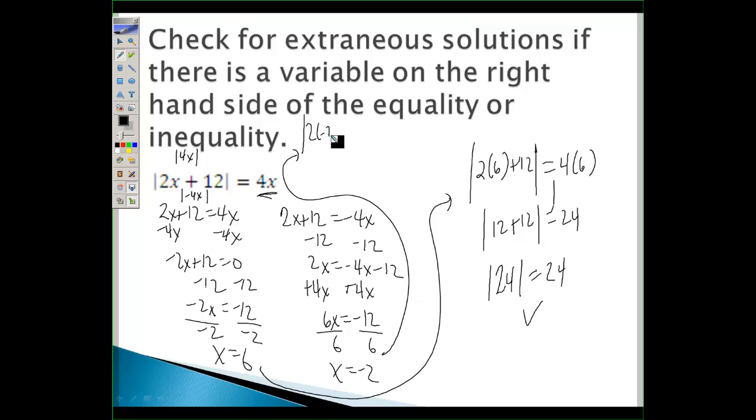The absolute value of 2 times negative 2 plus 12 should equal 4 times negative 2. Let's find out. Is the absolute value of 8 equal to negative 8?